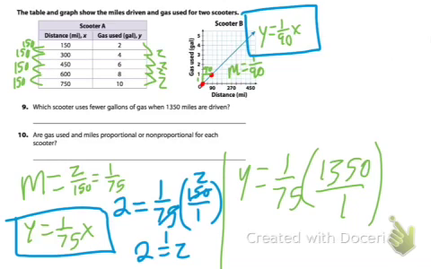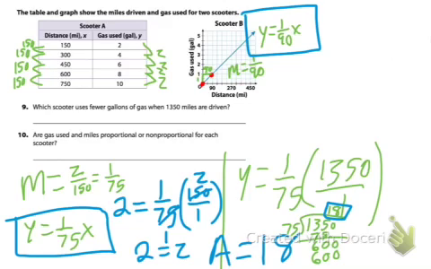So let's divide that. 1,350 divided by 75. We get 1 here, 75 minus, and get 60, bring down the 0. And that is 8 times. 75 times 8 is 600. So for scooter A it is 18.